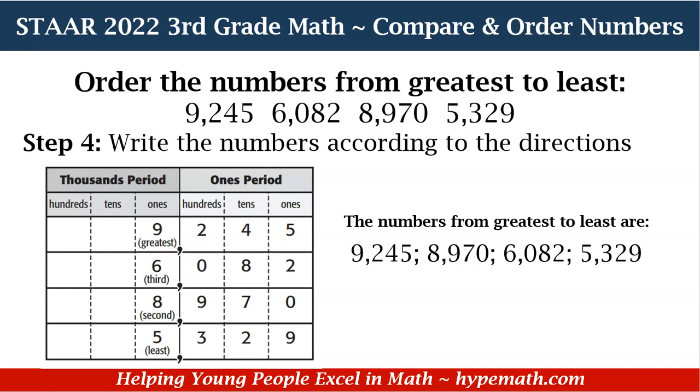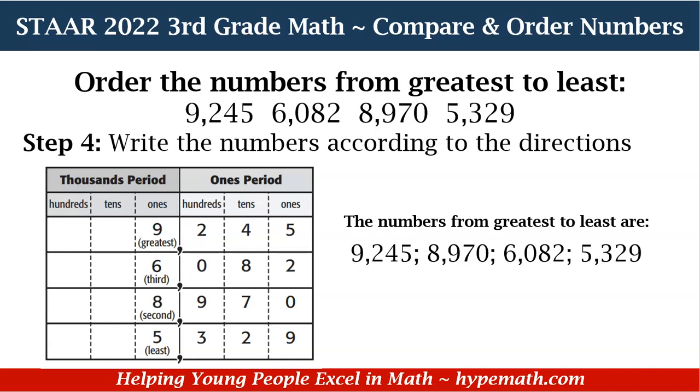Okay, so let's go over it again. We're looking at our numbers and we're going to take the greatest or the biggest number. We said that was 9, so 9,245 is our first number because we're ordering from greatest to least or from biggest to smallest. And then our second number is 8,970.